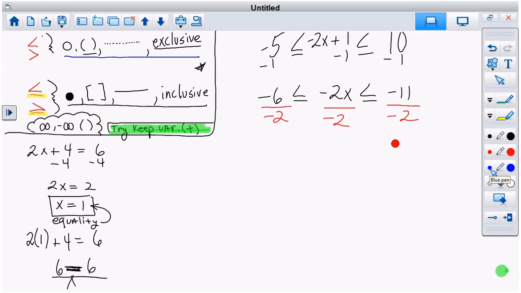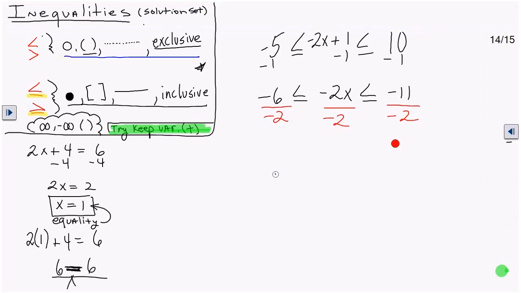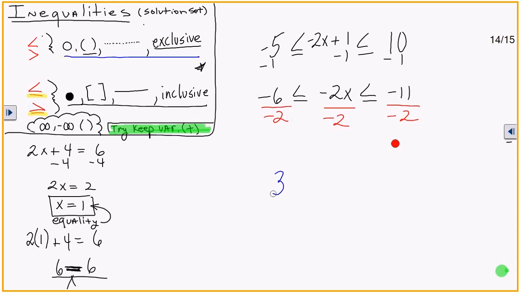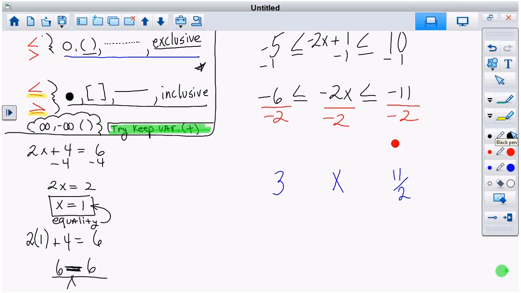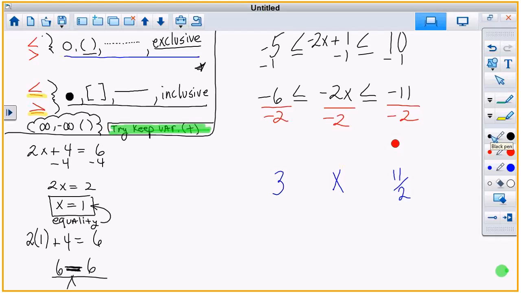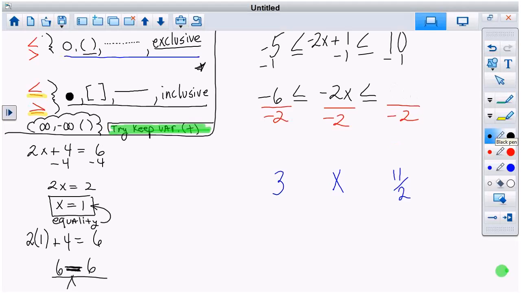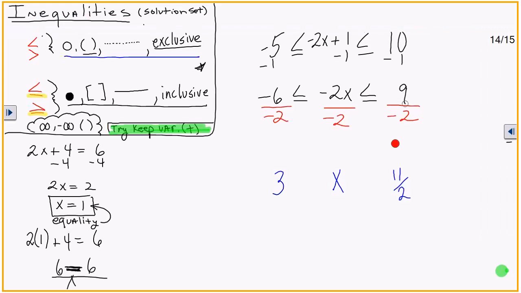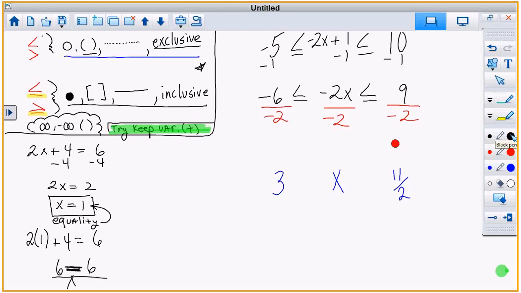So it's going to change this to a 3, this to an x, and this to a negative 11 halves. I'm sorry, that's not a negative 11. 10 minus 1 is 9. So that's going to make negative 9 halves.